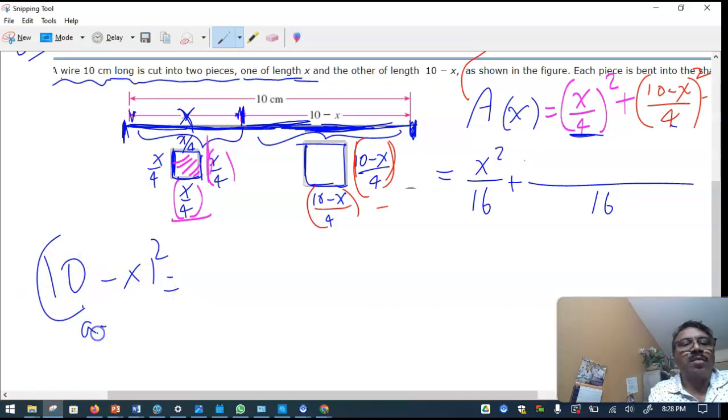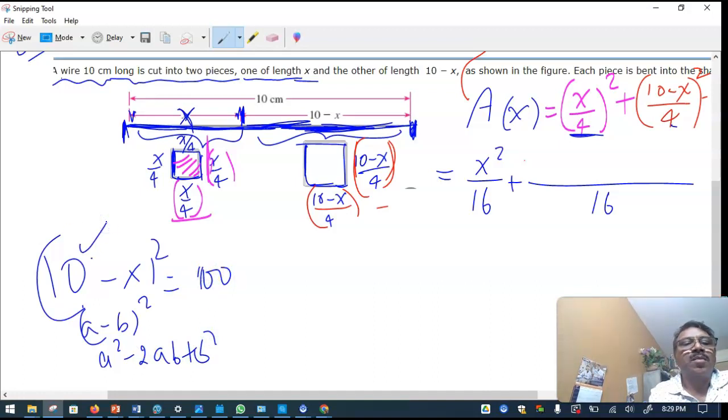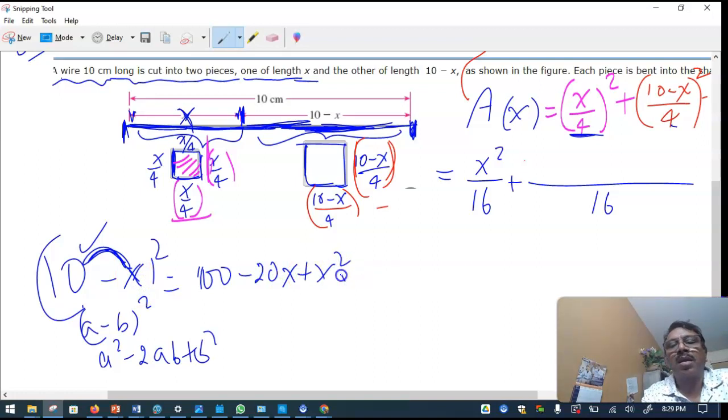It's like the a minus b the whole square formula, which is a square minus 2ab plus b square. So that will end up getting 100 because 10 times 10 is 100. Then you multiply the 2 and double it, so it becomes 20x. And then you square the x, which is plus x squared. So you substitute right here: 100 minus 20x plus x squared.